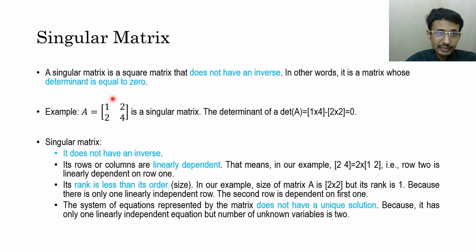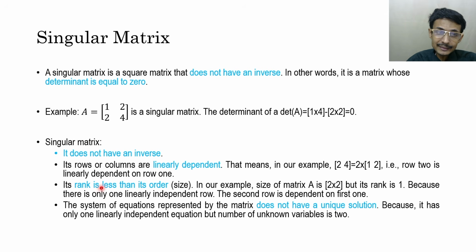Now, very importantly, its rows and columns are linearly dependent. That is what we just said in the last slide. If you multiply this row by 2, you can get this row. So this row is linearly dependent on this. That means in our example, row 2 is 2 times row 1, so it is linearly dependent on row 1.